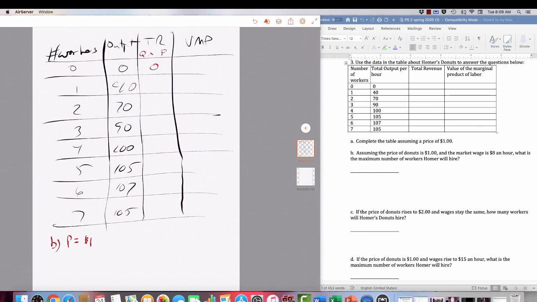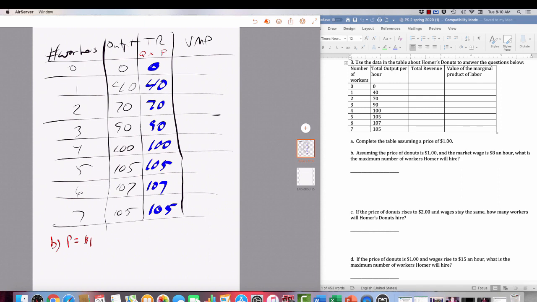So total revenue in the first column is going to be 0 when we have no output. Then it's 40 because the price is 1. We just take output times price. So 40 times 1, and then 70 times 1, and 90, and 100, and 105, 107, 105. Those are our total revenues.